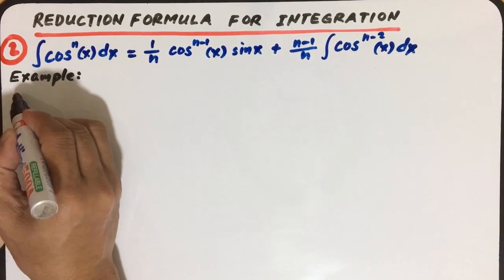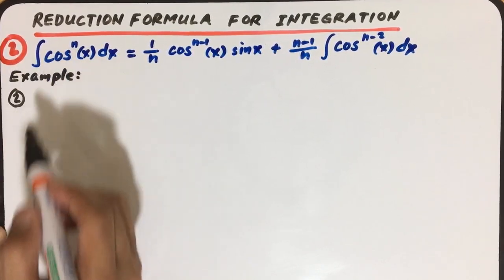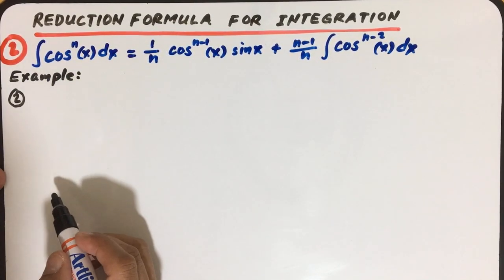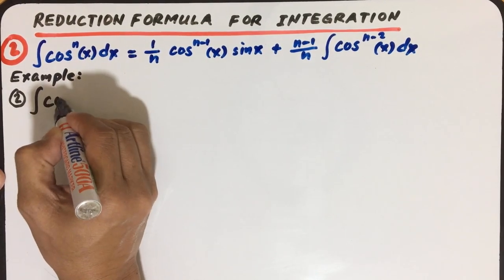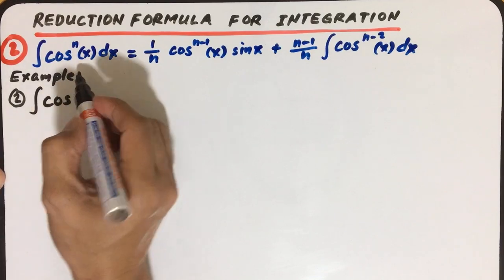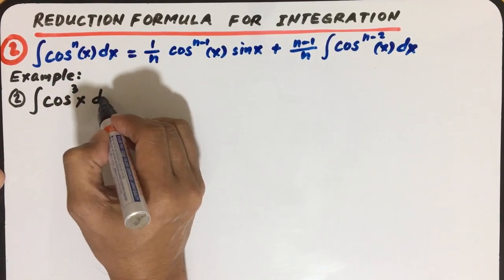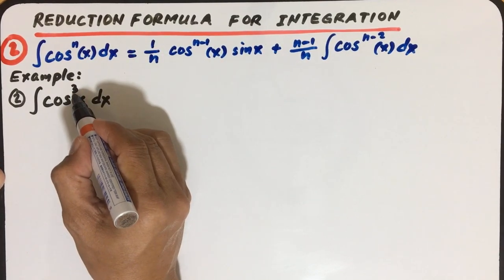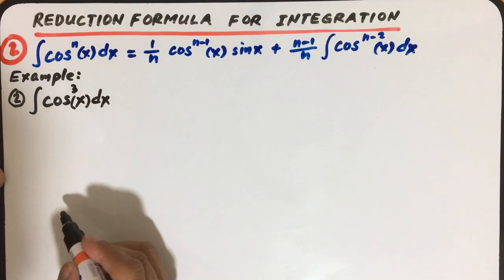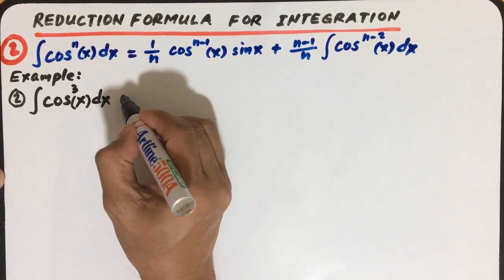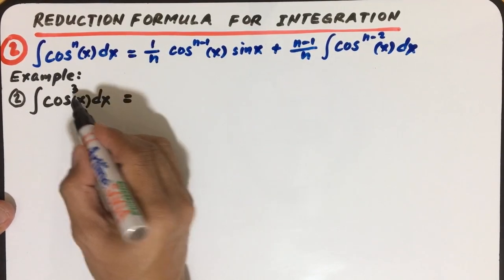So this is our example number 2. This is the example for this formula number 2. So integral of cosine cube x dx. So you may put parentheses or you may opt not to put this parenthesis. So using the formula, we have 1 over n, where our n is equal to 3.